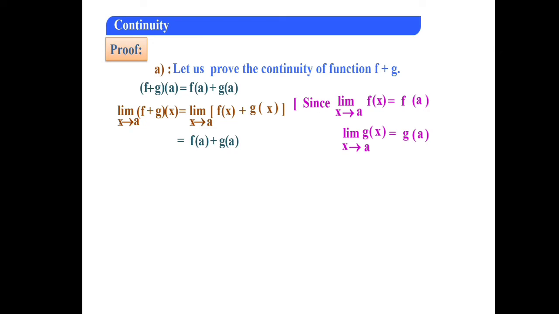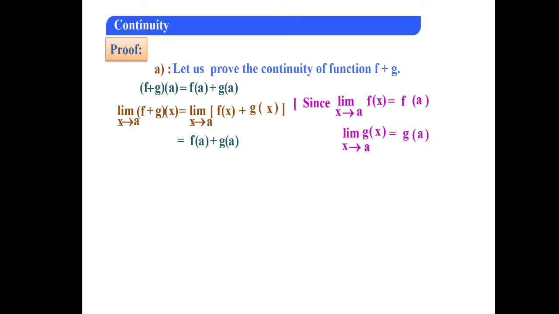Taking the limits separately and using the property of continuity, limit as x tends to a of f of x is f of a, and similarly limit as x tends to a of g of x is equal to g of a. So it becomes f of a plus g of a, which is the same as the value of f plus g at a. It implies that the limit of f plus g of x and f plus g of a are both the same number, f of a plus g of a.